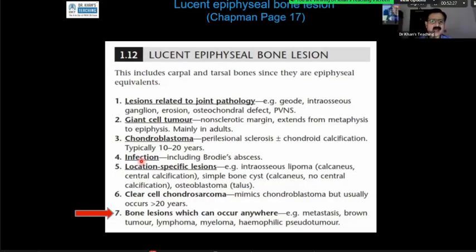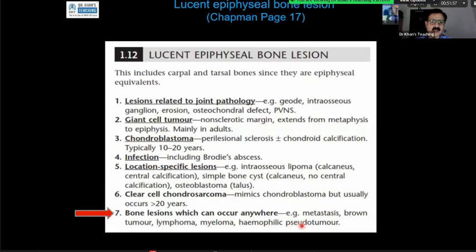Okay. Now I'll come back to the case. You're right, but I'll give you the findings once again. Now there's a differential in your book, lucent epiphyseal bone lesion. This list is extremely important in the end. Bone lesions which can occur anywhere: metastasis, brown tumors of hyperparathyroidism, lymphoma, myeloma, hemophilic pseudotumor.